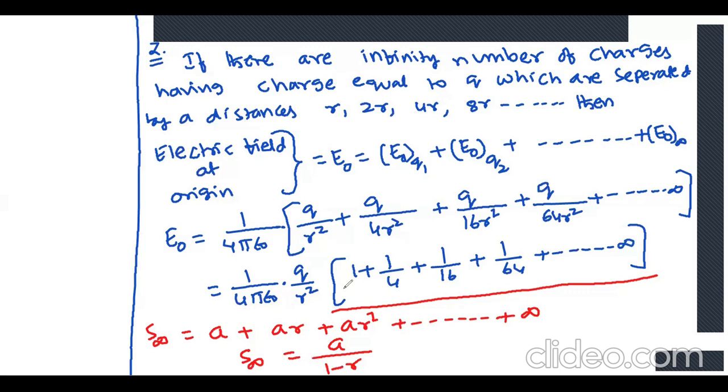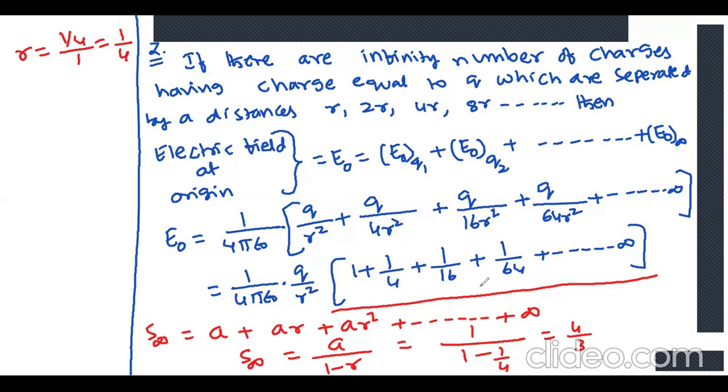So A means 1. R equal to 1 by 4 by 1, that is nothing but 4 by 3. Fine.